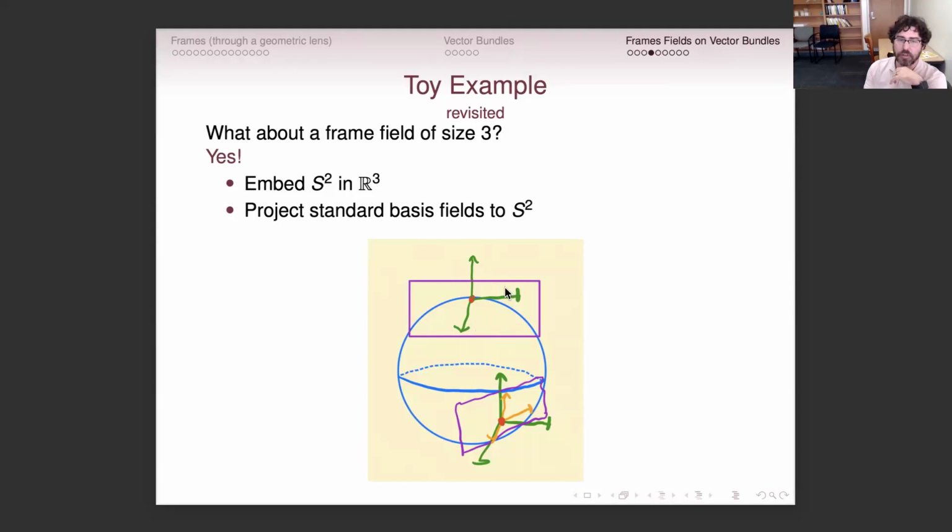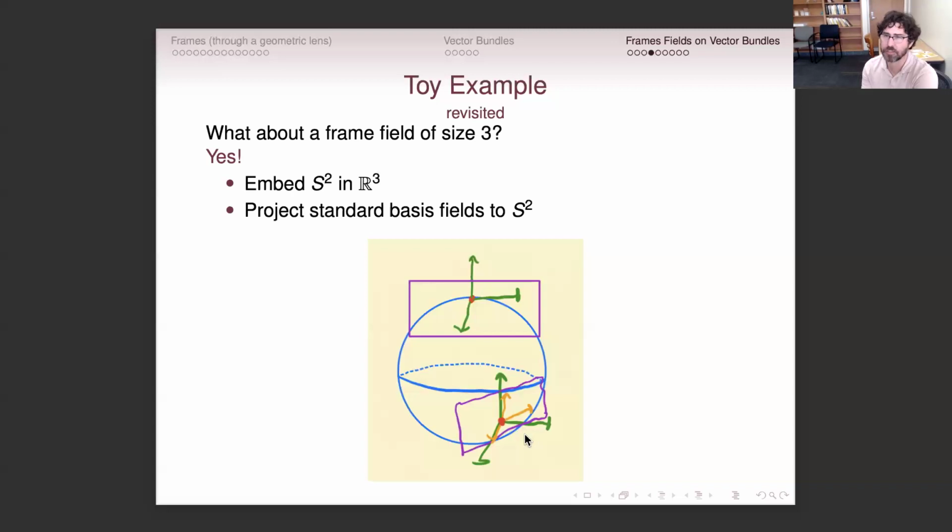If you have a point at the North Pole, then one of those vector fields is going to get projected to 0 at that point. But that's fine because I still have the other two directions that are going to span that tangent space. And if you look down here at some more generic point, then if I orthogonally project the standard basis vectors to that purple tangent space, I'm going to get 3 non-zero vectors there, and they'll collectively form a frame at that point.